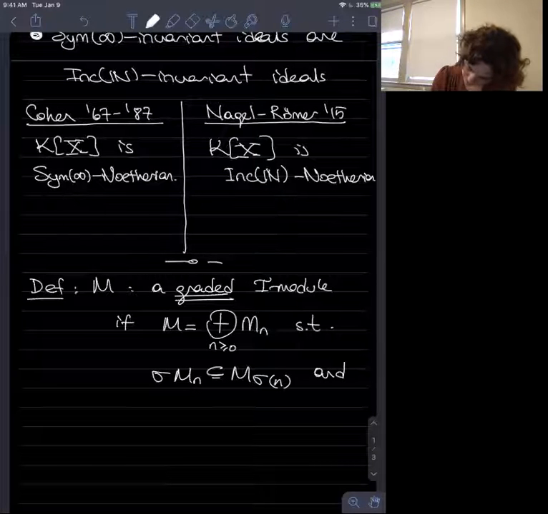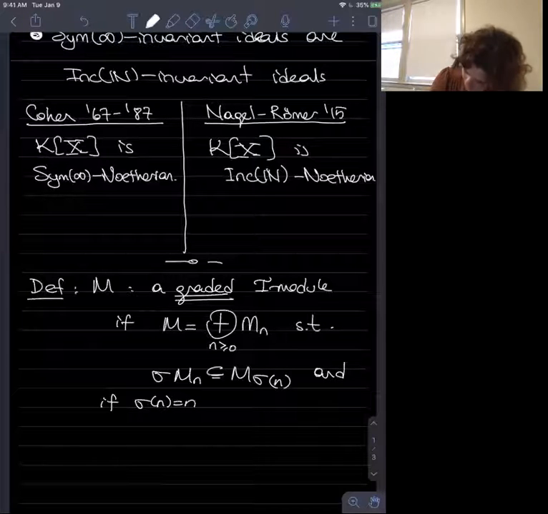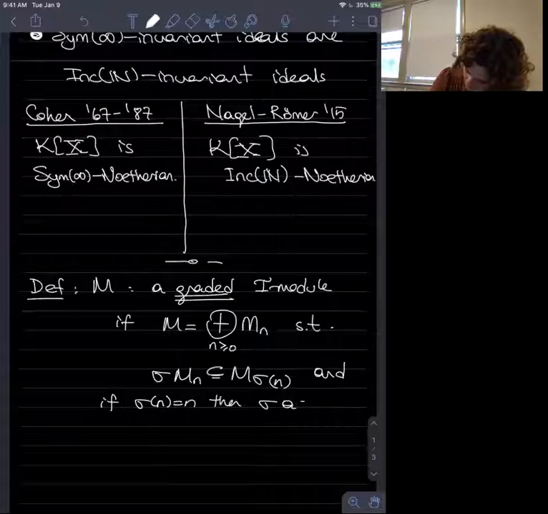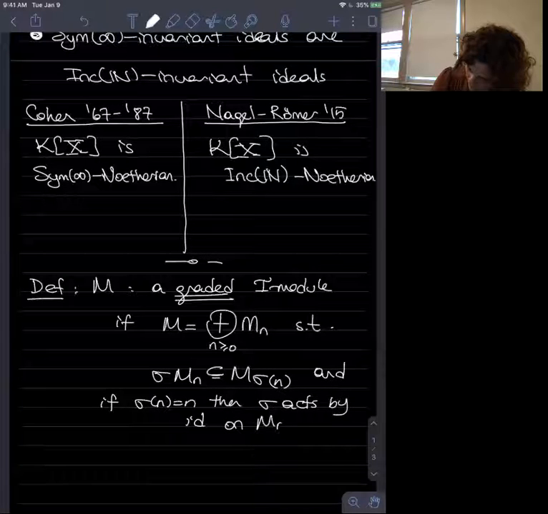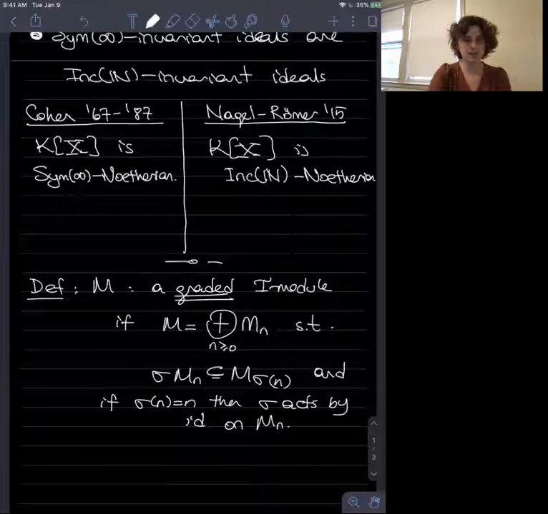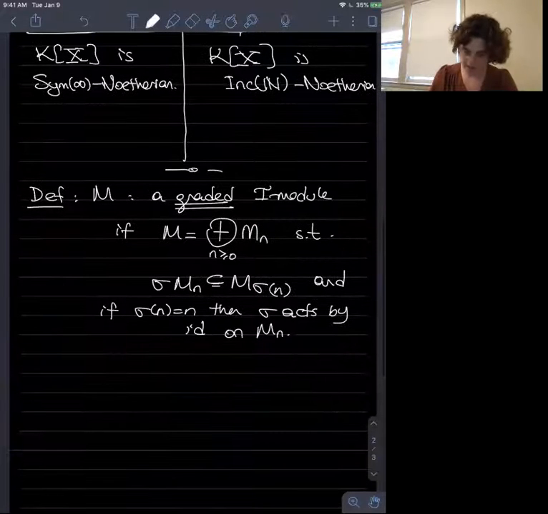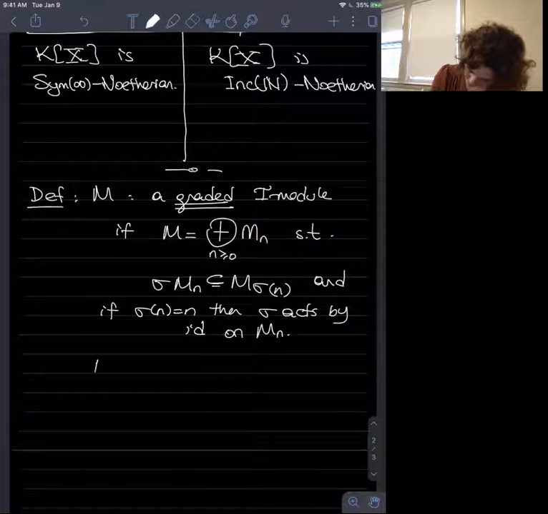Specifically, if sigma fixes n, then sigma acts by identity on this graded component. Those are the graded versions. And then we can define the smooth version too.